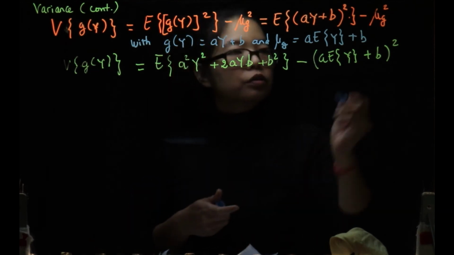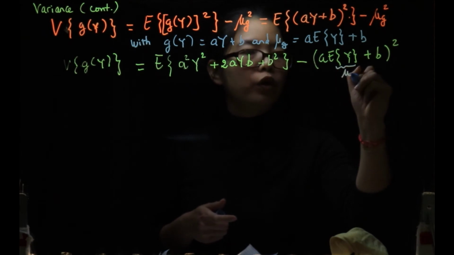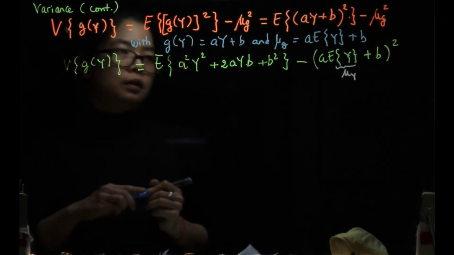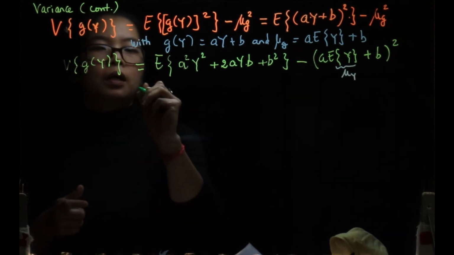And I will also denote E of y as mu y, to make it shorter for us.